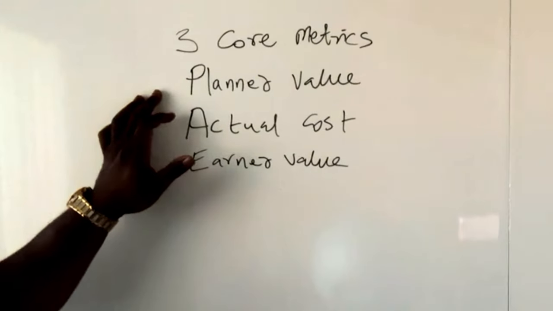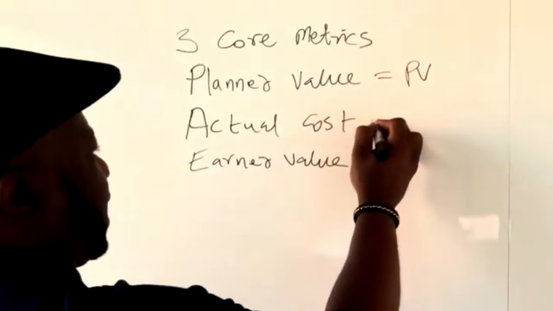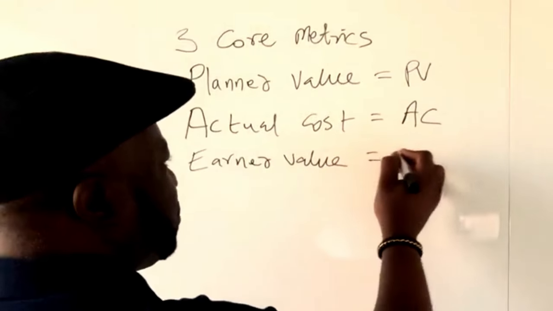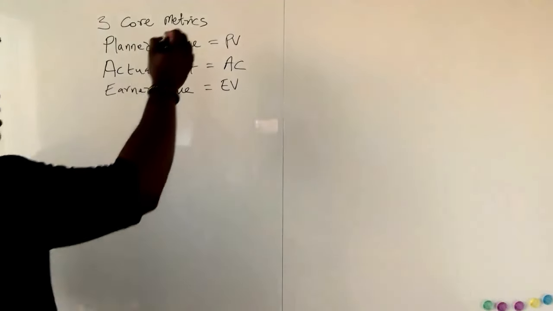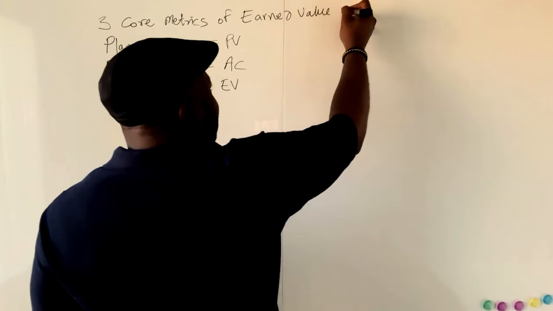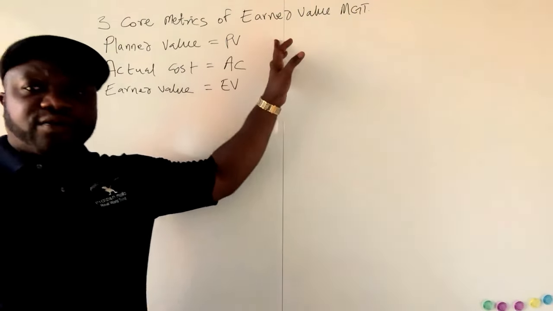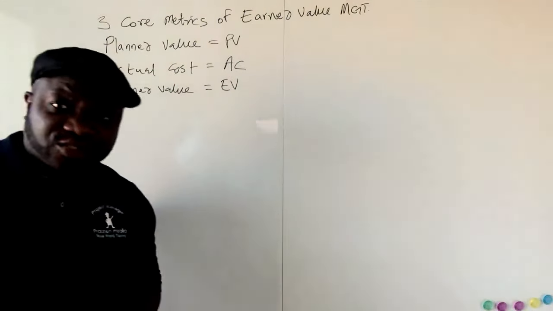We refer to planned value as PV, actual cost is referred to as AC, and earned value is referred to as EV. These are the three core metrics of earned value management. So when you hear this term, earned value management, these three metrics are the core metrics.